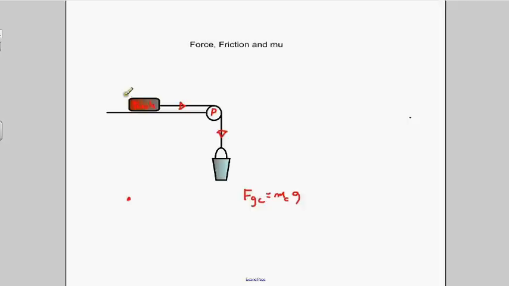and the block has a weight pulling down, and we'll call that force of gravity.